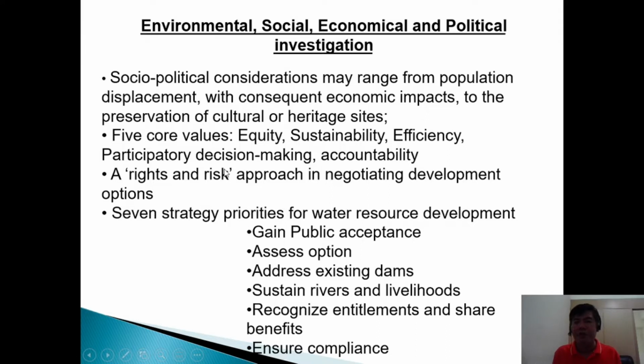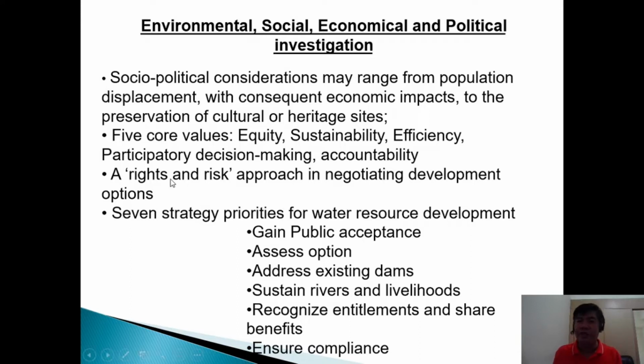So we always have to consider these five core values. It should be equity. Of course, we look into the economic side of the project, and it should be sustainable, then efficient in terms of its purpose and objective.